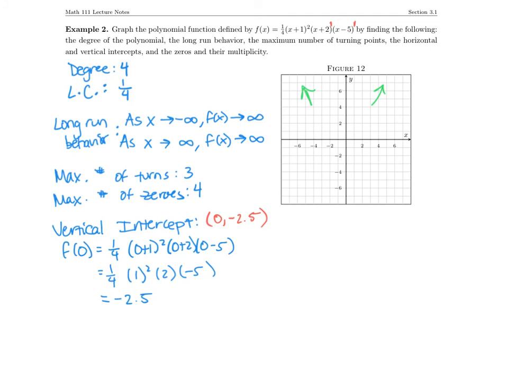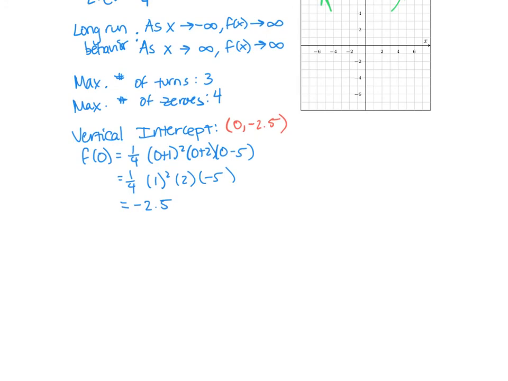And then next, just all the things that come along with horizontal intercepts. So the way we find horizontal intercepts is setting the entire equation equal to 0. So 0 is equal to 1/4 times (x plus 1) squared times (x plus 2) times (x minus 5).